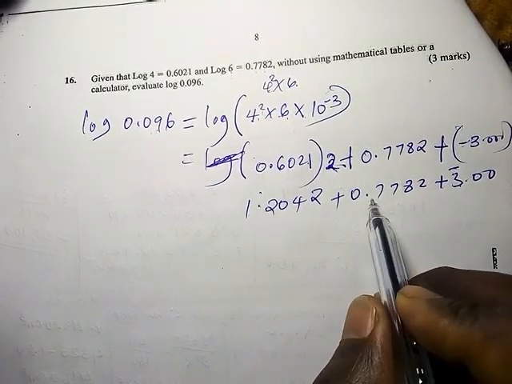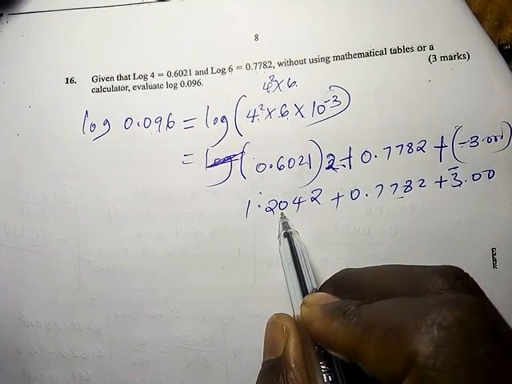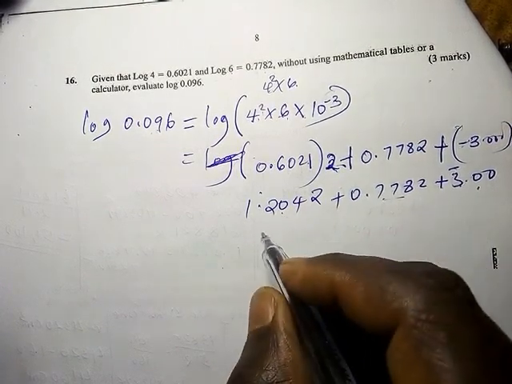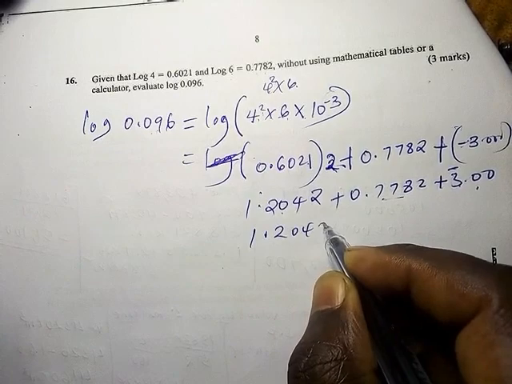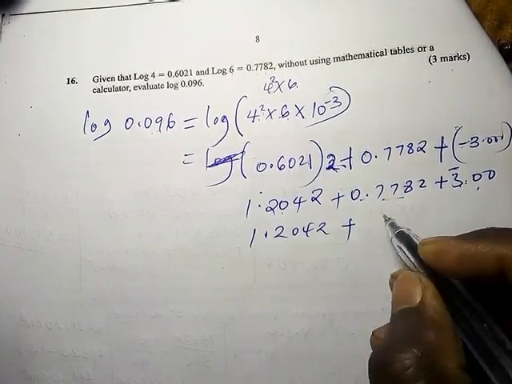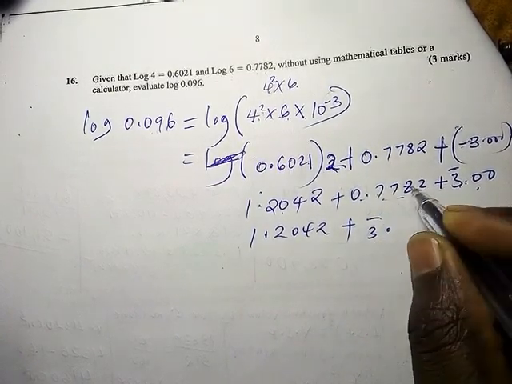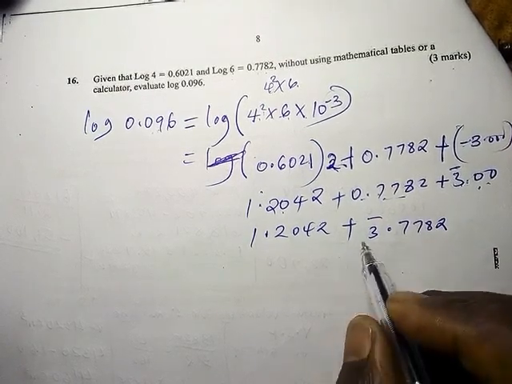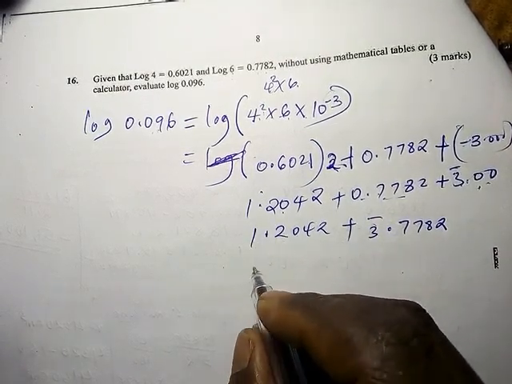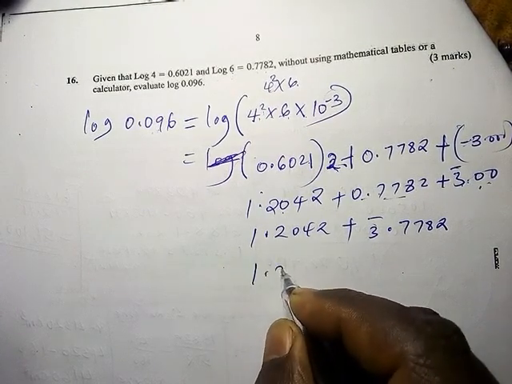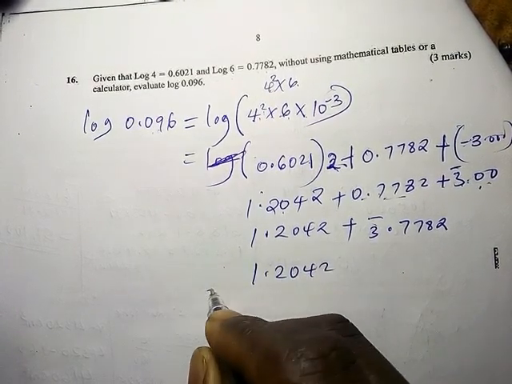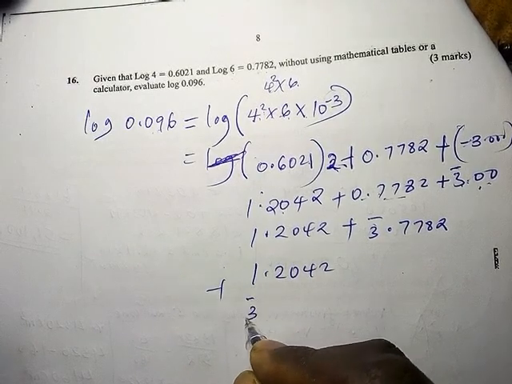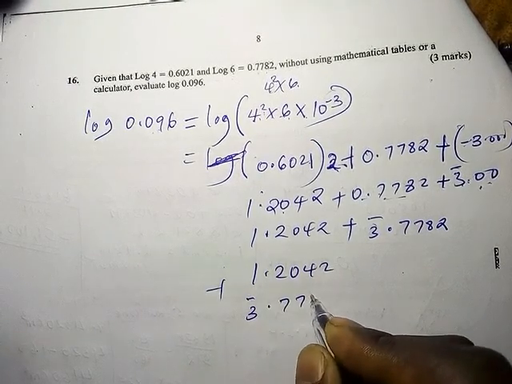So you add this one: 1.2042 plus 0.7782.